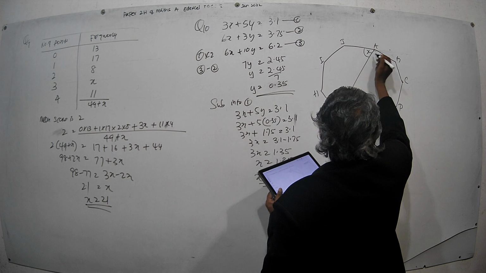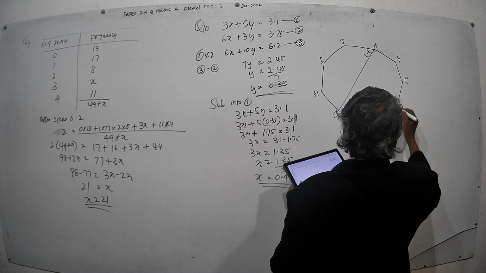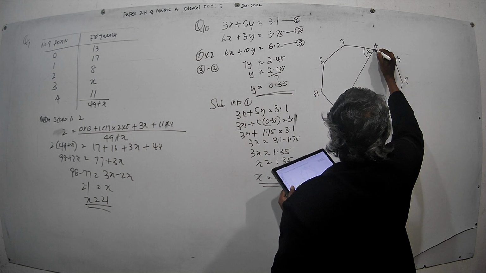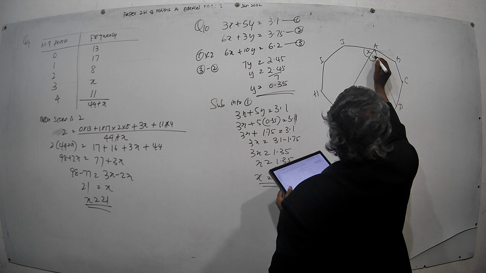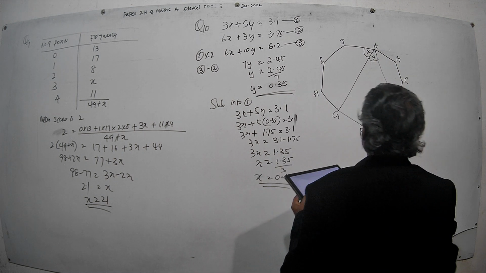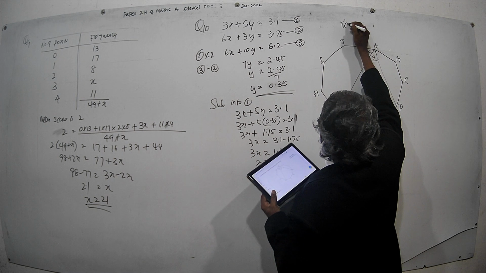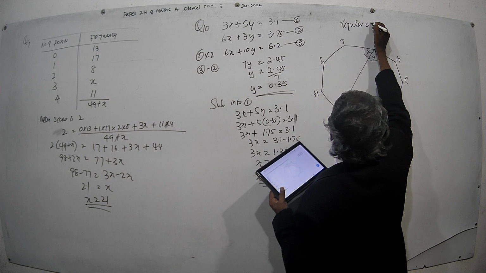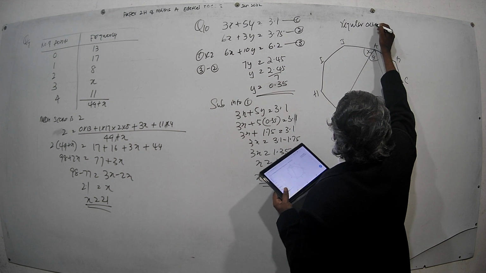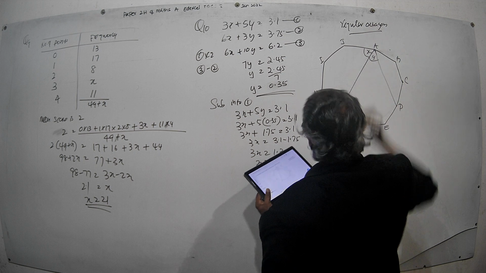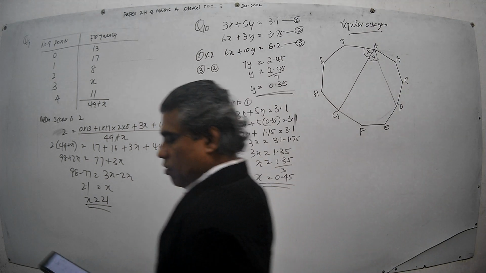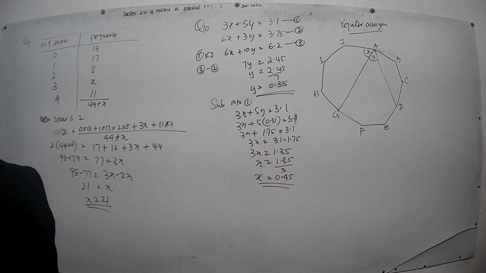This one is given to be y, and this one is also given to be y. This is a regular polygon. All angles are equal and all sides are equal.